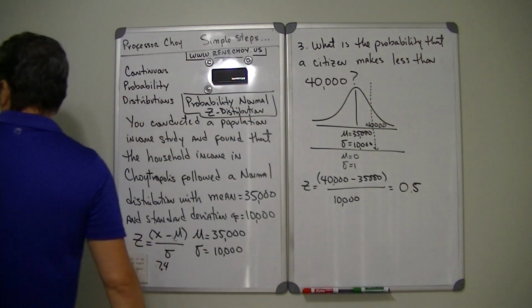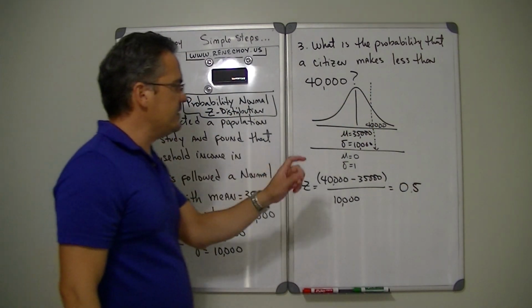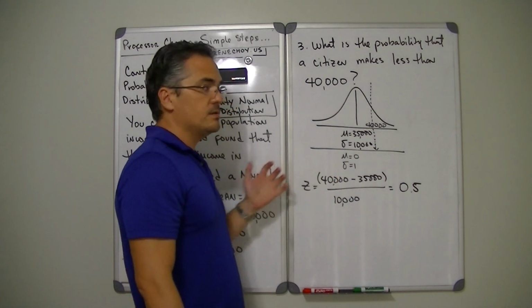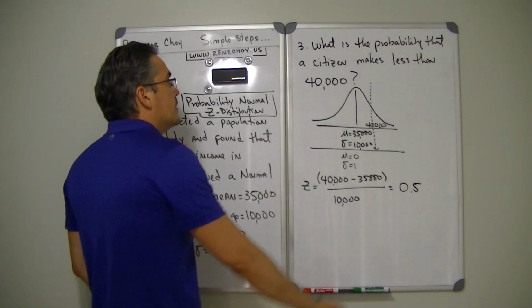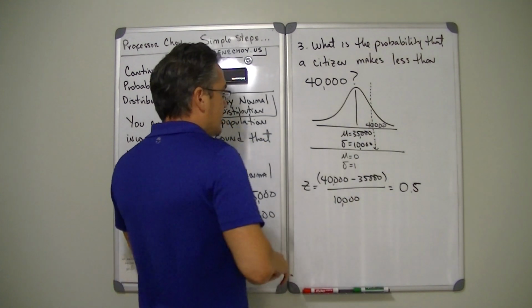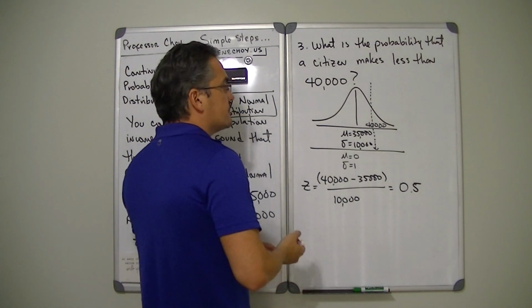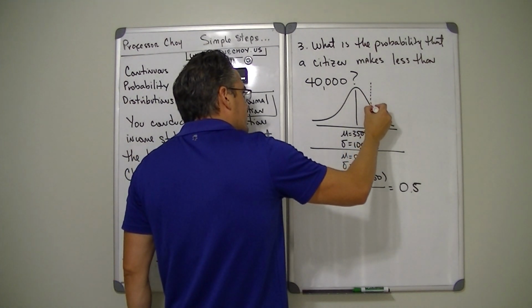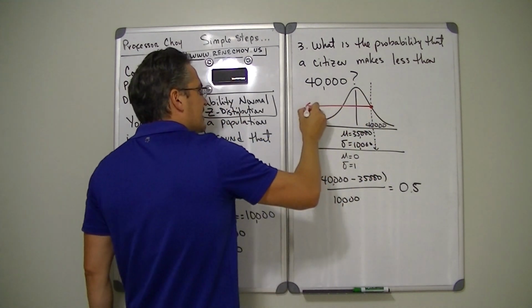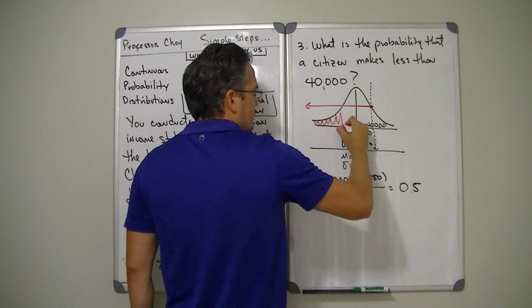Okay, now that 0.5 is the z-value of 40,000 using these numbers here. What the question is asking us is, what is the probability that a citizen makes less than 40,000? So we're going to be at 40,000, and anything less than that, that's what they're asking us on the question.